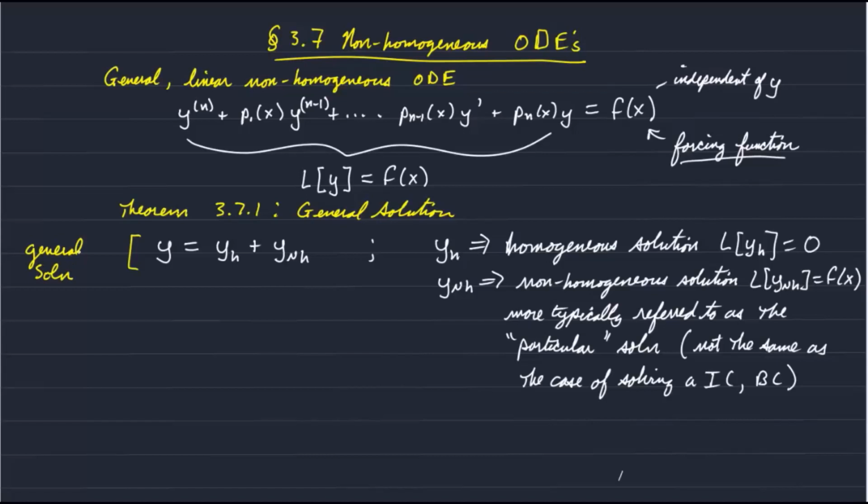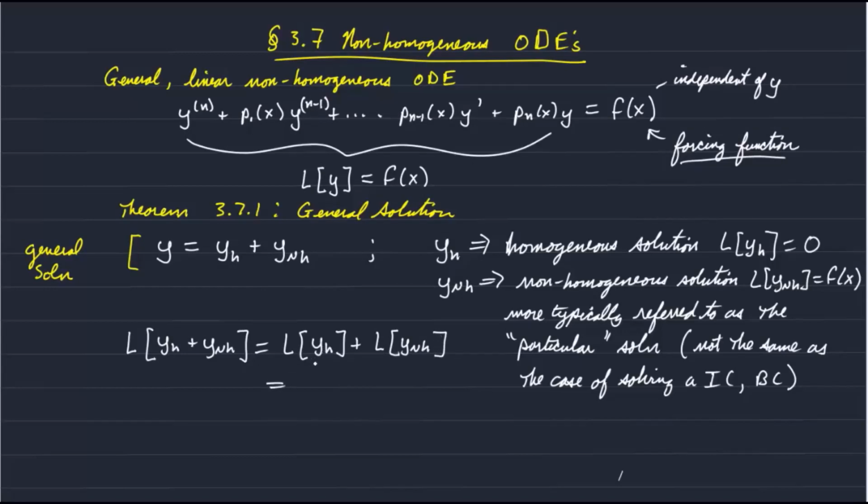And because it's a linear operator, if we operate L on the general solution, which again is the sum of the homogeneous solution and the non-homogeneous solution, that's equal to L operated on just YH plus L operated on just the non-homogeneous solution.